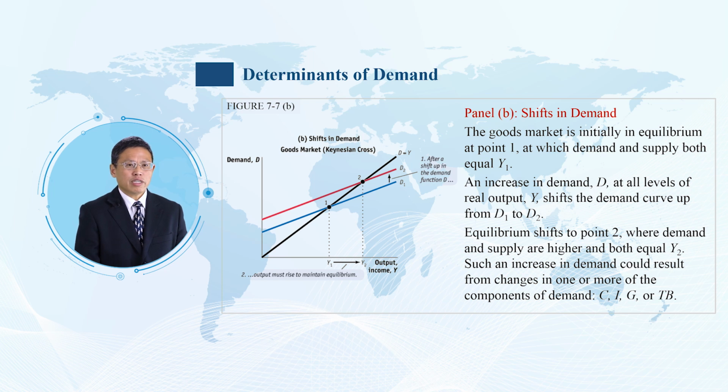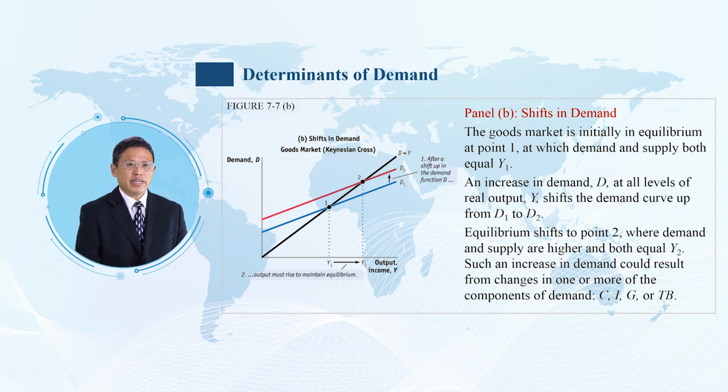A change in taxes or other factors affecting consumption: a fall in taxes, T bar, all else equal, increases disposable income. When consumers have more disposable income, they spend more on consumption. This change raises demand at every level of output Y because C increases as disposable income increases.